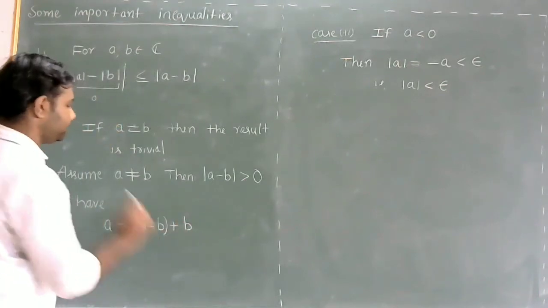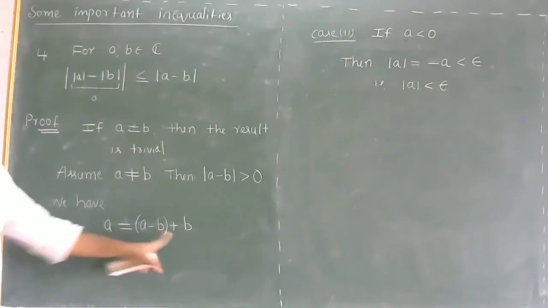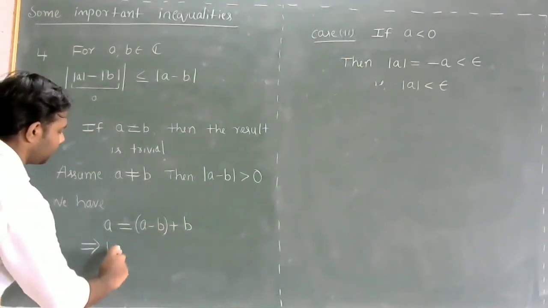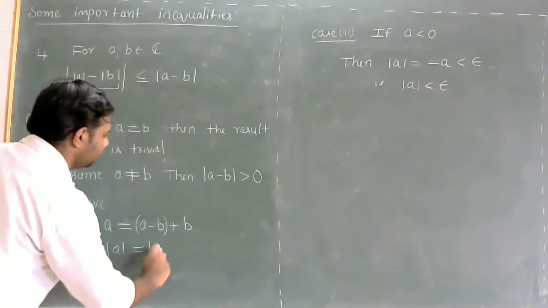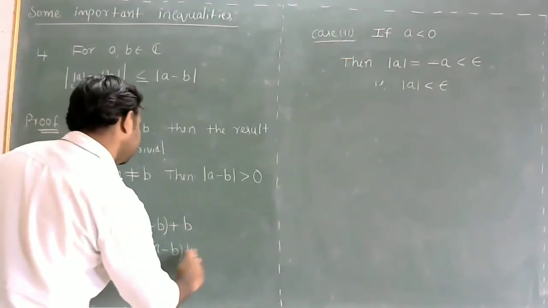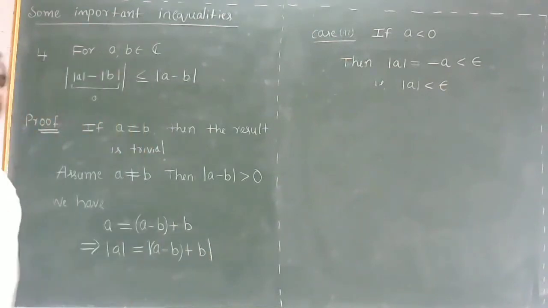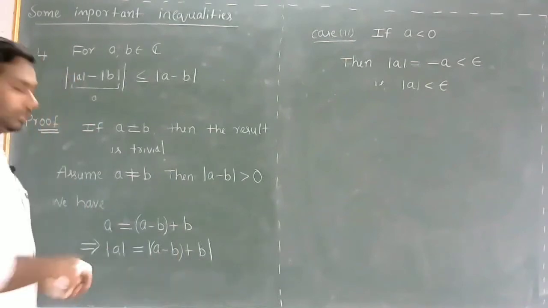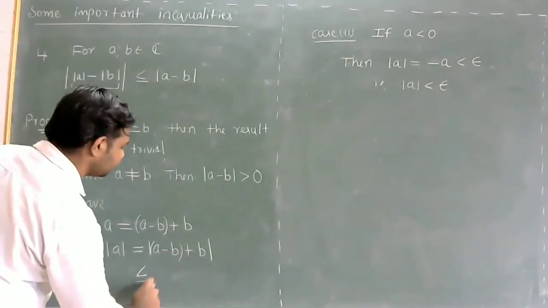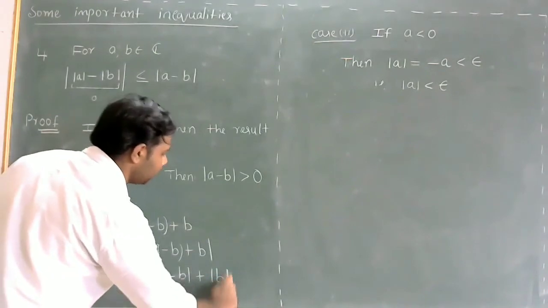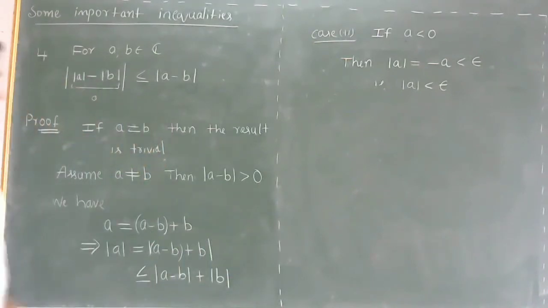Now for that we have a can be written as a minus b plus b. Now I will group these two. As these two numbers are equal, their absolute value will be equal. So absolute value of a will be equal to absolute value of a minus b plus b. Now you have the form modulus of a plus b. So by the second inequality, it is less than or equal to modulus of a minus b plus modulus of b.